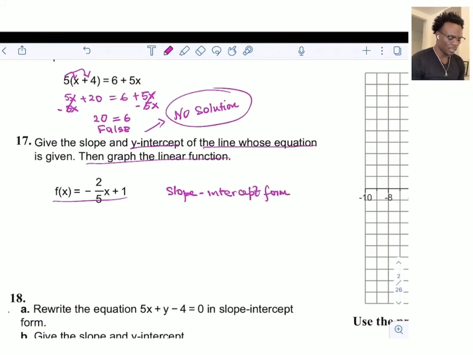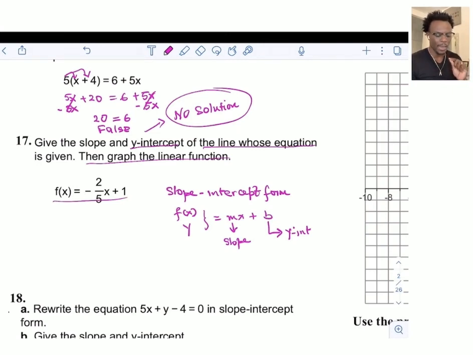Because it's given as f of x, or it can also be y, equals mx plus b, where m is the slope of the line, m is the number that is the coefficient of x, not including x, and b is the y-intercept, which means the value at which the line will touch the y-axis.